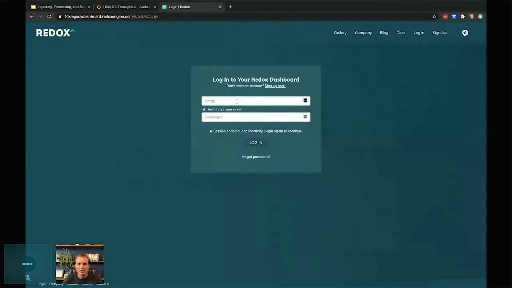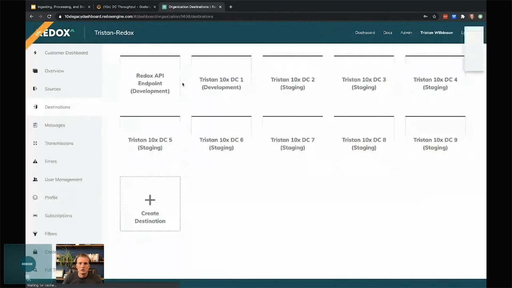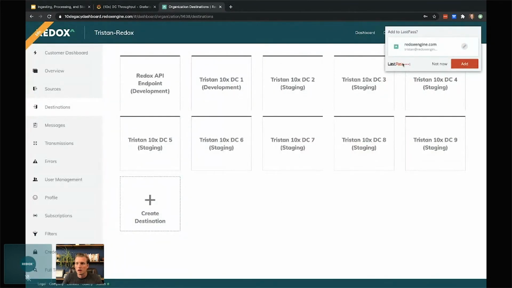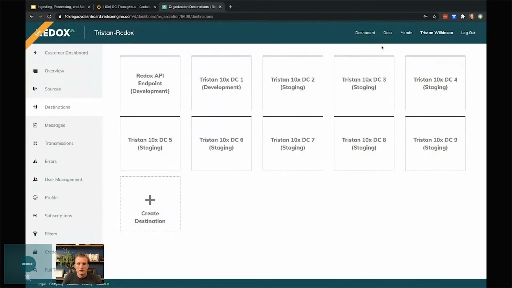The way I'm going to do that is I'm actually going to first demonstrate provisioning a new health system for ingestion in Data on Demand. For those that are familiar with Redox, a lot of this will look familiar, but essentially I'm going to go and create a new destination on the Redox platform in my organization.